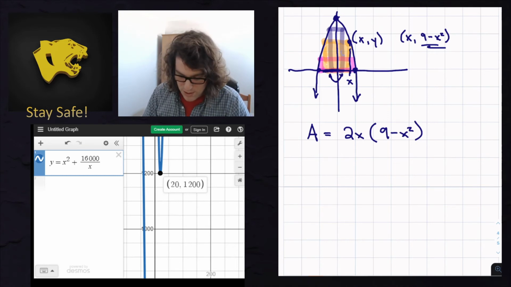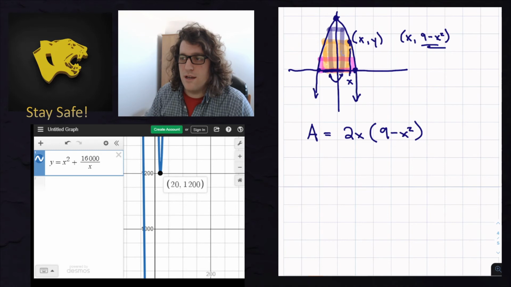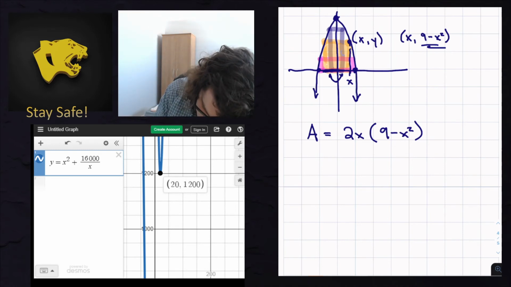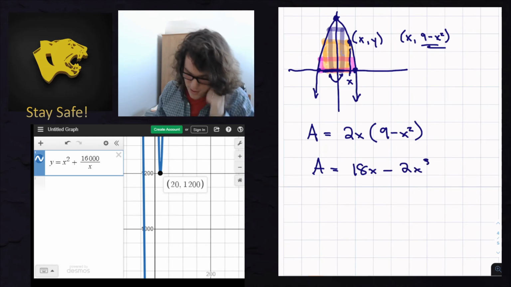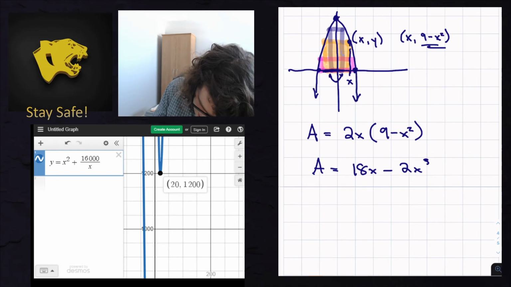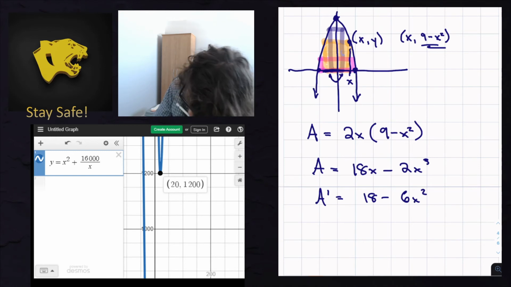So we have an equation for area, and it's now done in terms of a single variable. The area is equal to 18x minus 2x cubed. So I'll just multiply that out. It gives us a really tidy looking derivative to take. So A prime is equal to 18 minus 6x squared.